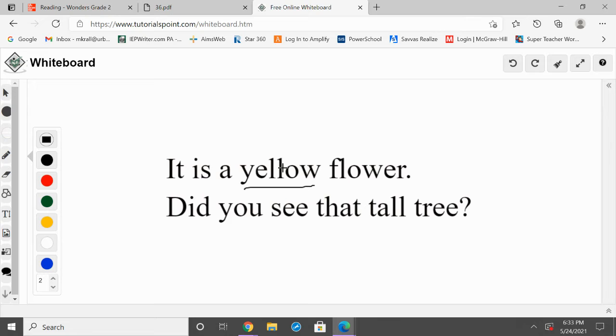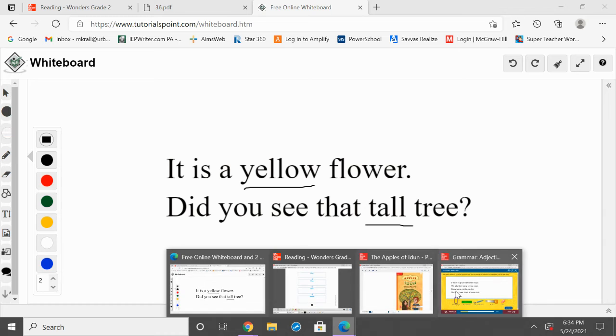My next sentence says, did you see that tall tree? Well, what kind of tree is it? It is tall. So tall is an adjective because it describes the tree. So an adjective is going to tell us more and describe a person, place, or thing, and it can tell us how many or what kind.